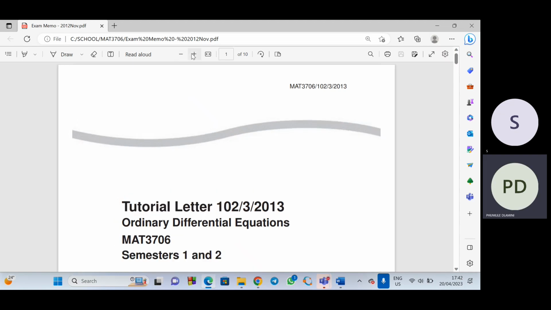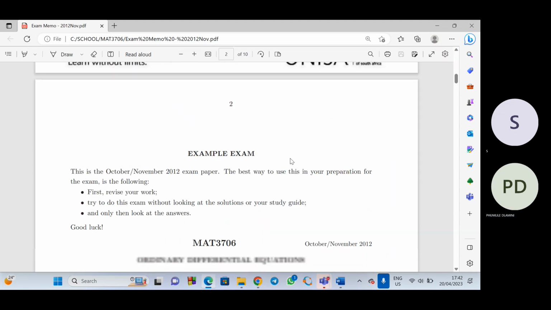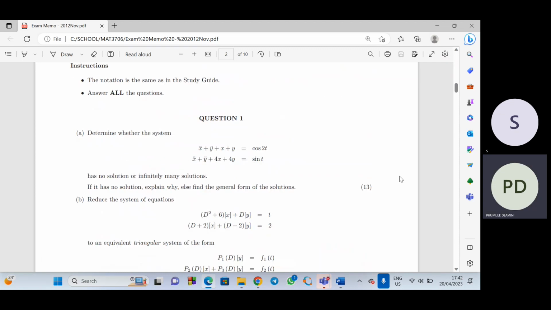So this question here is, when they write x dot dot, this means the second derivative, d squared y over dx squared.